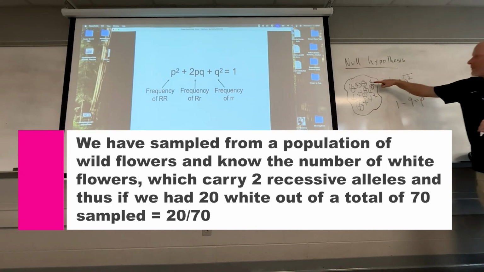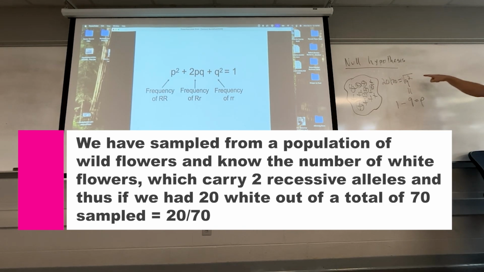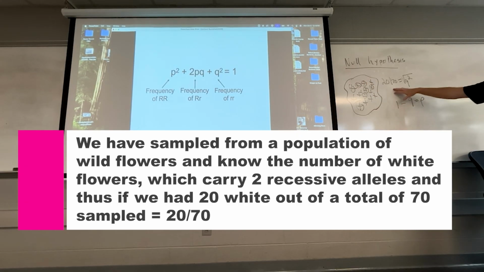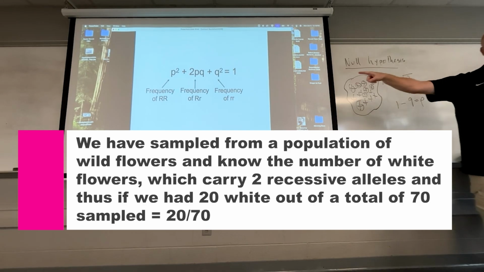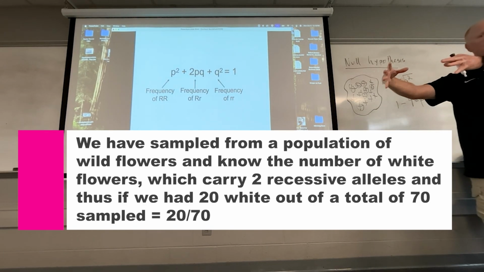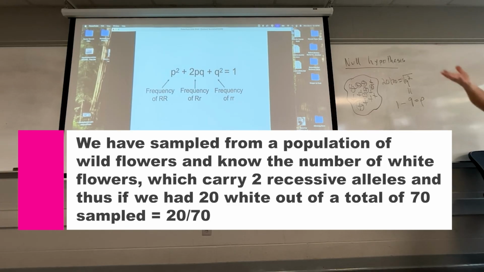So we let that population breed again, let it overwinter. The next year we do the same sample, count the number of white flowers, get our Q and P, plug them into Hardy-Weinberg and see if those numbers differ from the last generation. And if they don't, then the population is in Hardy-Weinberg, right? So that's how you use it.